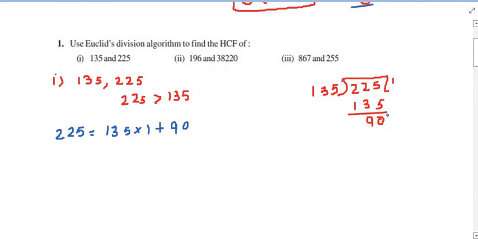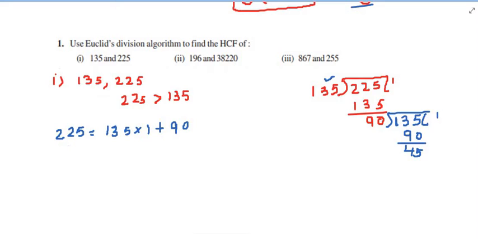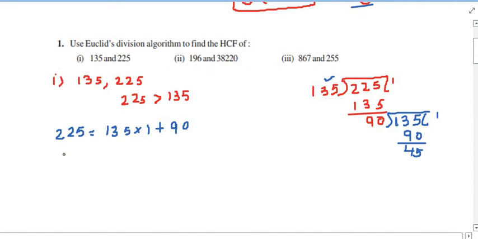Now we'll continue our division. Now 90 is the divisor and 135 is the dividend. 90 times 1 is 90 and the remainder is 45. So we can write it with the help of Euclid's division lemma that 135 is equal to 90 times 1 plus 45.